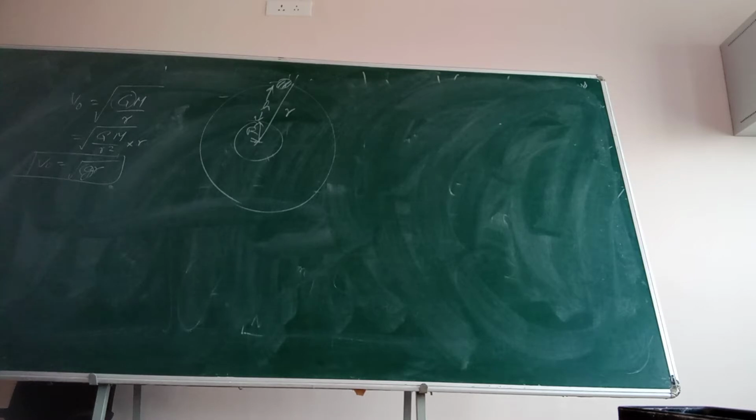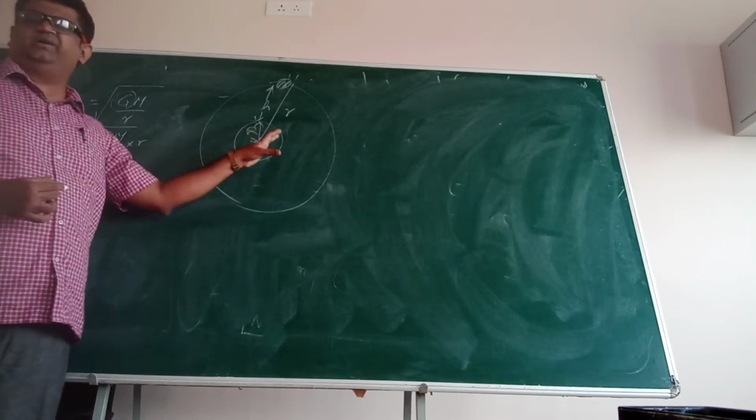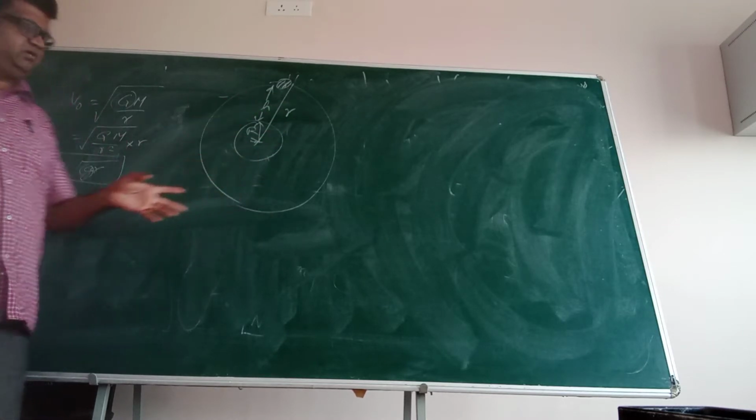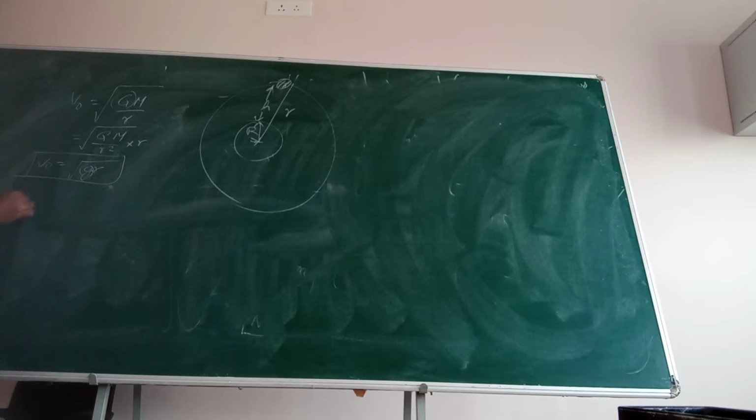Suppose in the question they give you Jupiter, and some satellite is rotating around it in a particular orbit. If you want to find out the orbital speed there, you basically have to put the value of g of Jupiter multiplied by r. So how do you find g of Jupiter? The formula remains the same. The formula was G M by R square.